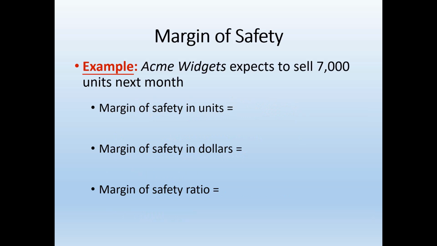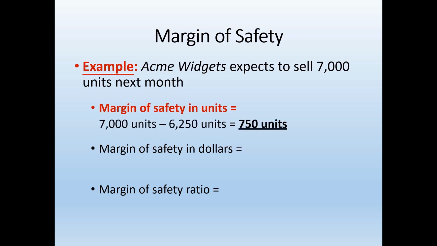For example, let's say that Acme Widgets expects to sell 7,000 units next month. To compute the margin of safety in units, we need to know the expected sales in units and the sales at break even.